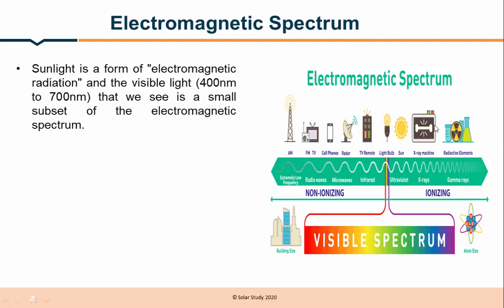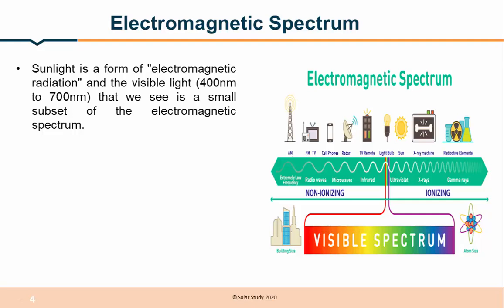In it, there are many different waves, from extremely low frequency to extremely high frequency radiation. The extremely low frequency, in the range of several hertz and kilohertz, is used for radio waves, amplitude modulation techniques, and cell phones.